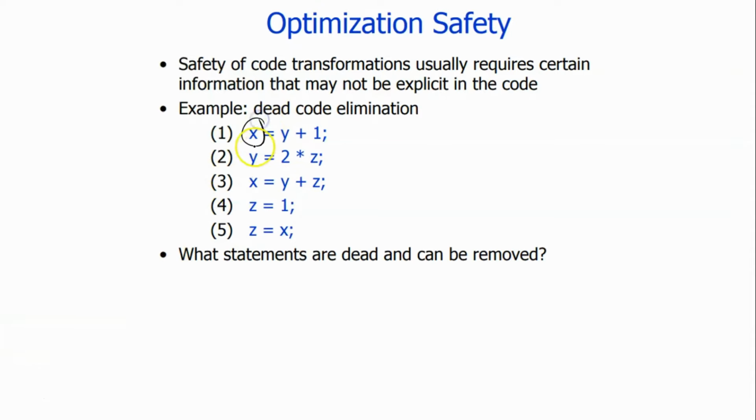Just look at this X. Are we using it somewhere? No, this definition is not used anywhere, because here we are using a different definition. Are you getting this point? So this is dead code, and we can eliminate it.